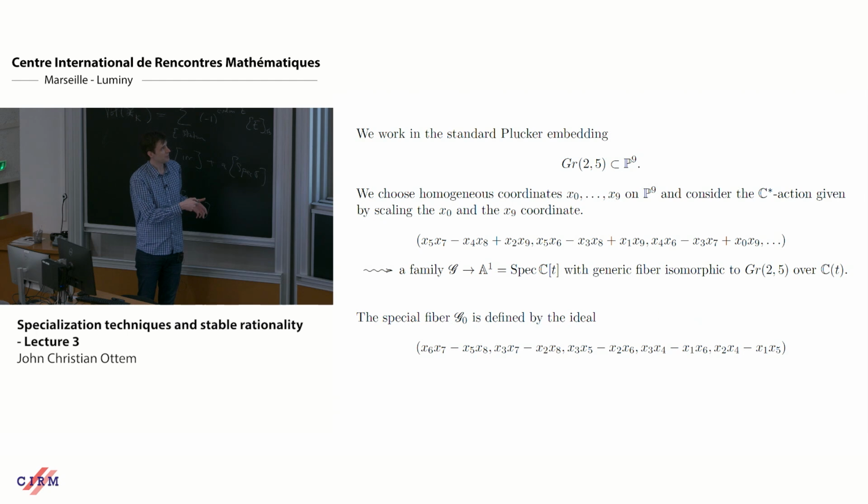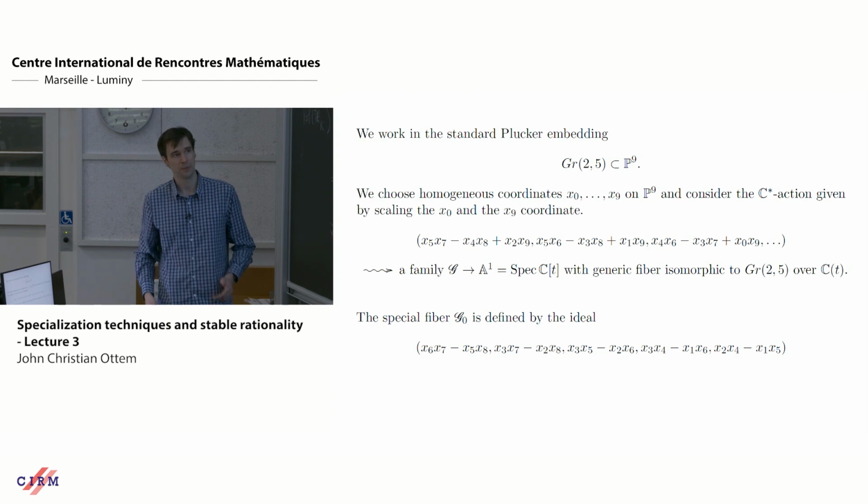So the Grassmannian is defined by lots of Plücker quadrics. So if you act by C-star, this gives a deformation of the Grassmannian to something which is, in this case, a toric variety defined by this ideal.